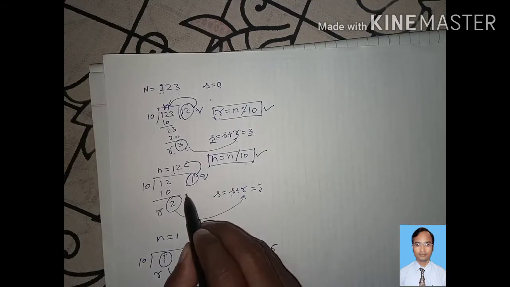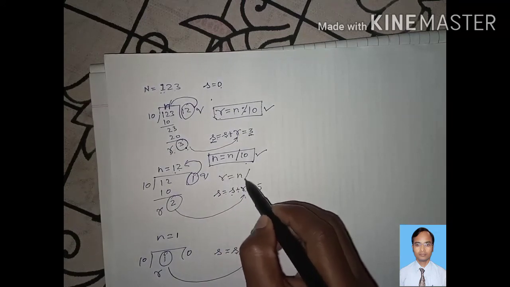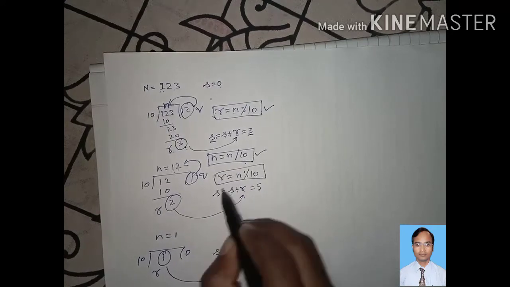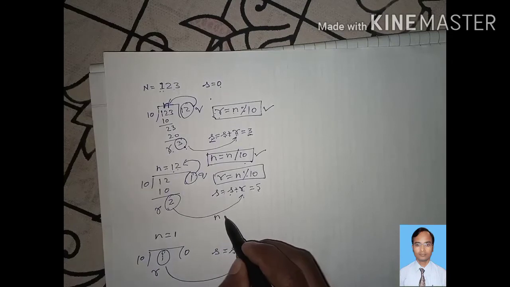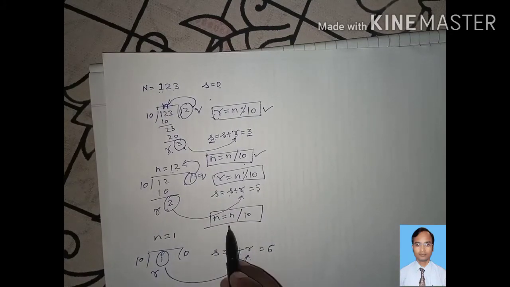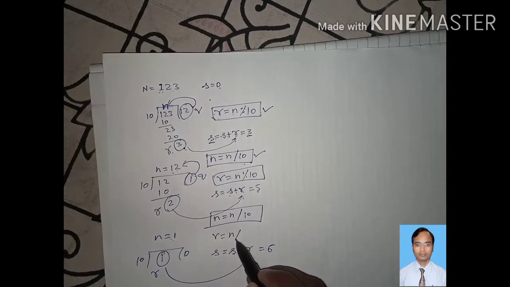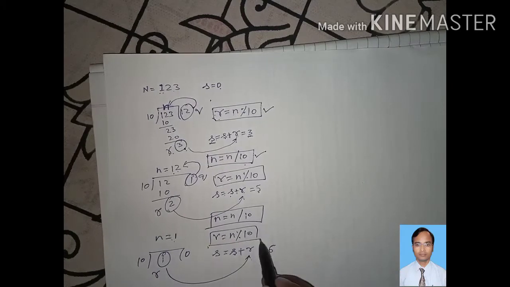After that we have to perform again, there is need of r, so r is equal to n mod 10. This will generate this r, and again we have to transfer this q, so we can use n is equal to n divided by 10 to get the new number. And after getting the new number we have to perform r is equal to n mod 10, and after this we have the remainder, and using this remainder we can perform this addition.